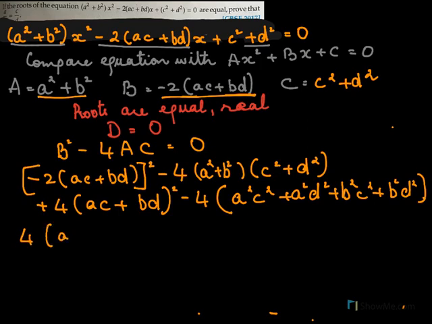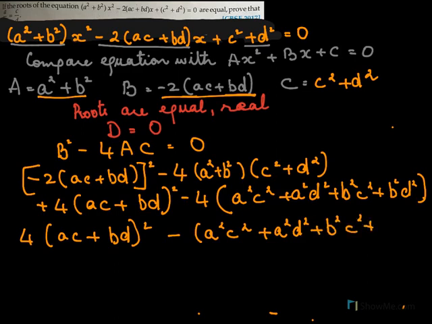Now take the 4 common out, and here you get ac plus bd the whole square, and the 4 is taken common out, so I have here a square c square plus a square d square plus b square c square plus b square d square. Now this is equal to 0. I can ignore the 4 because I've taken it common out.